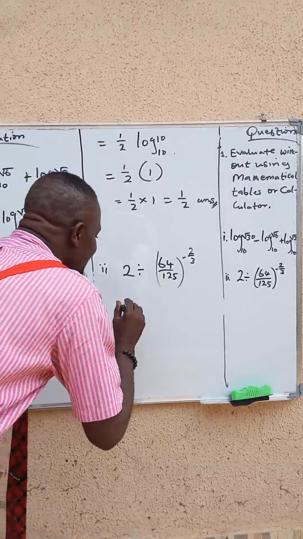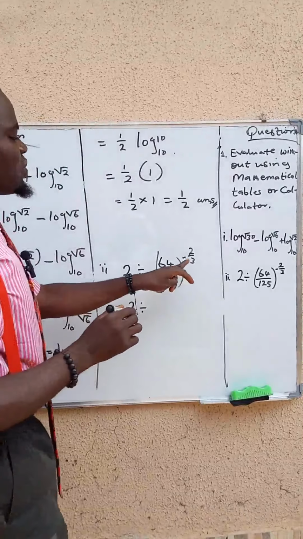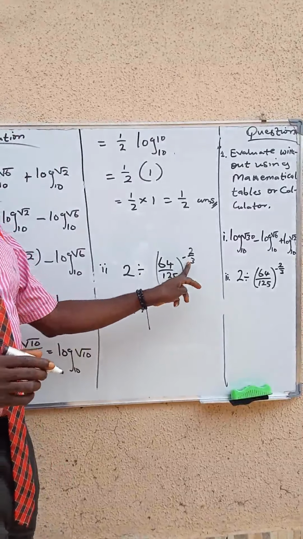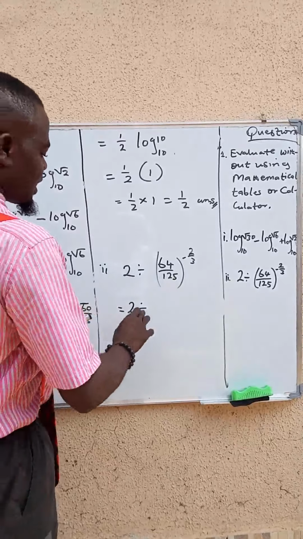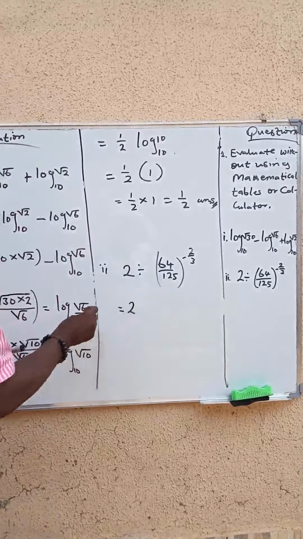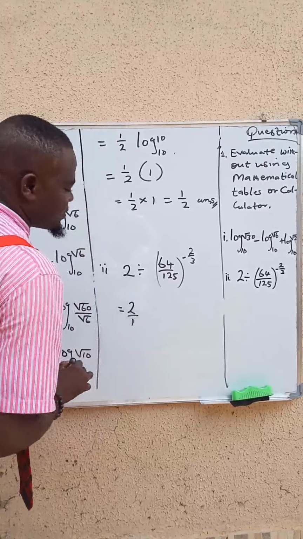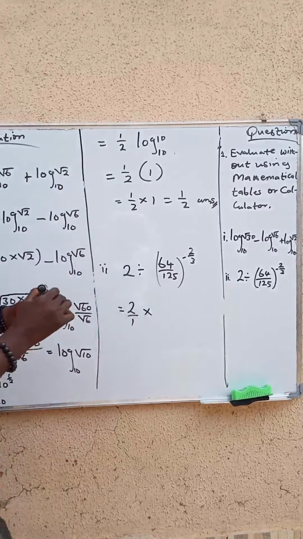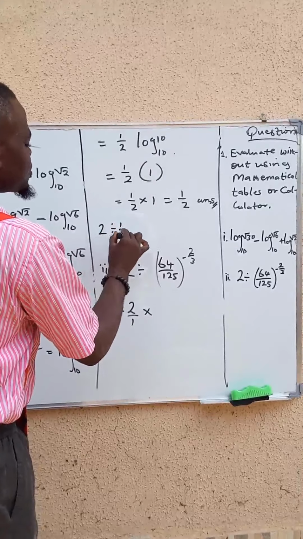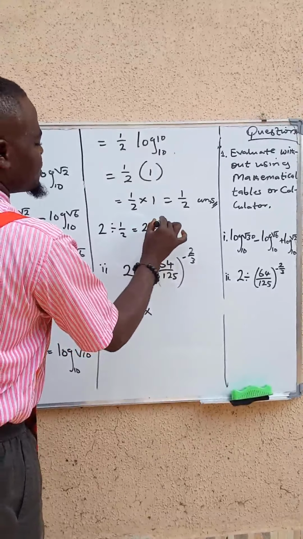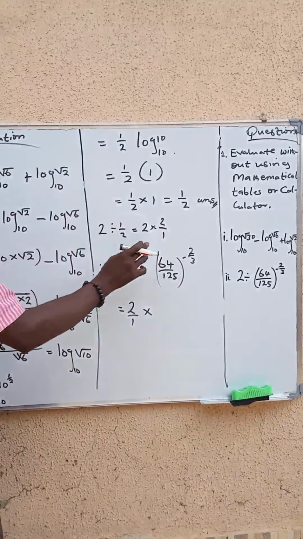So this thing can be 2 divided by, for me to remove this minus, I will apply the reciprocal law. So this one now becomes 2 over 1 multiplied. I didn't have 2 divided by 1 over 2, it will be 2 times 2 over 1.